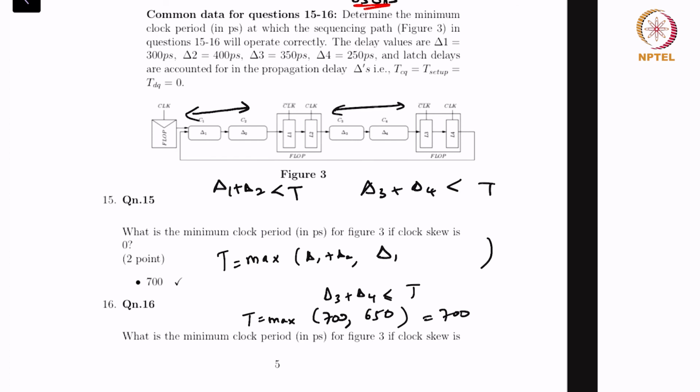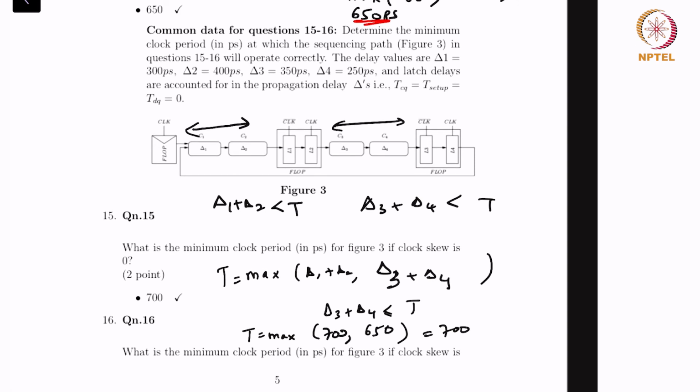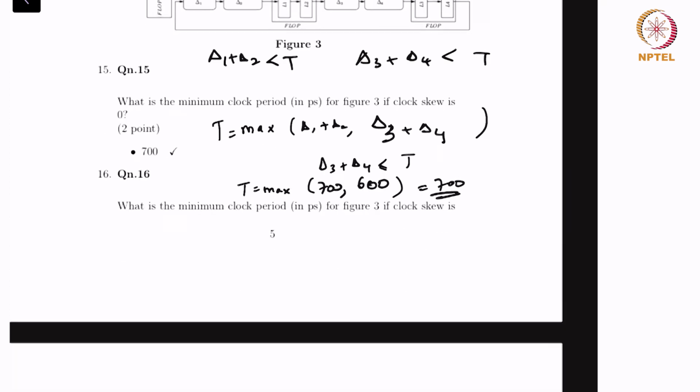So it is the max of delta 1 plus delta 2, delta 3 plus delta 4. In this case, delta 1 plus delta 2 is nothing but 700 picoseconds, and delta 3 plus delta 4 is 600 picoseconds. Hence, the max is 700 picoseconds.